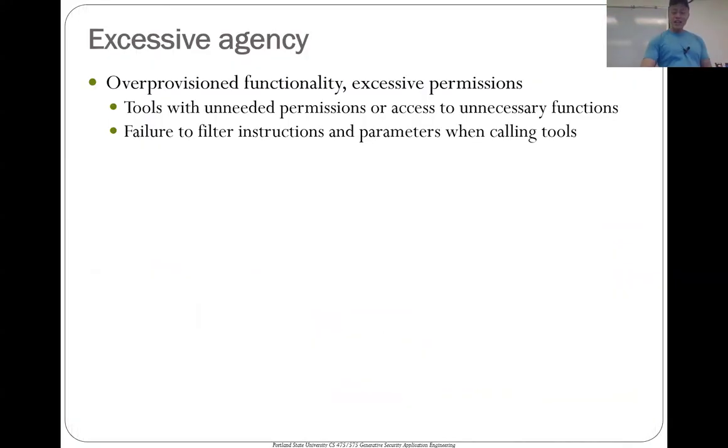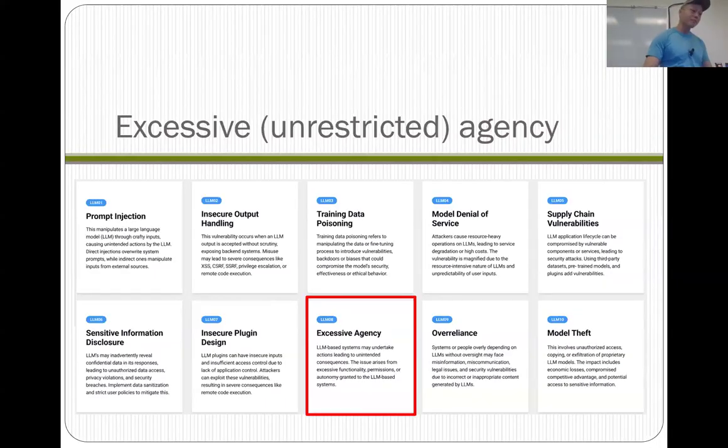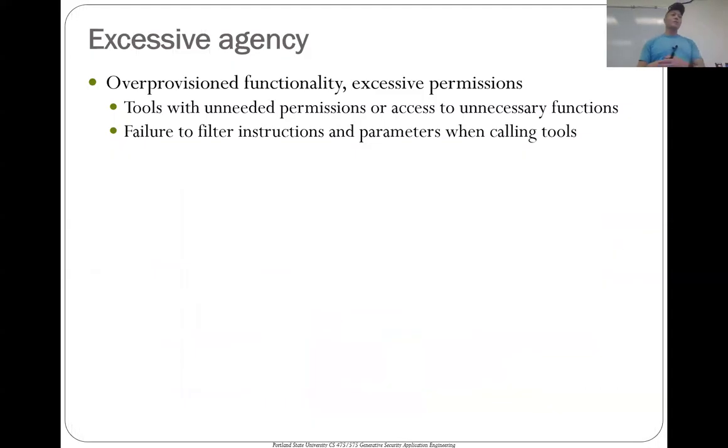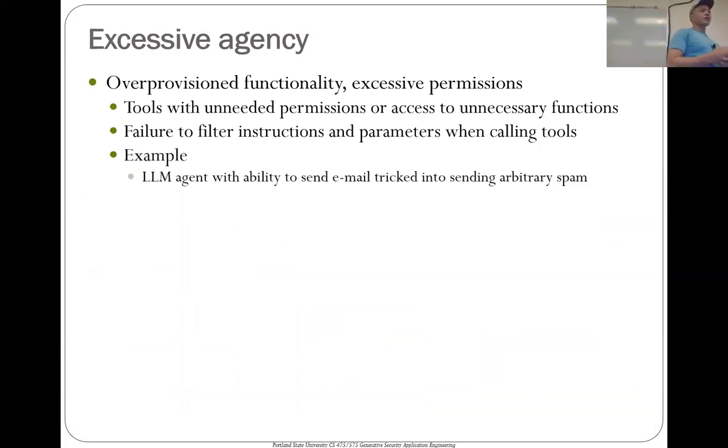Okay. The next one is excessive agency. Basically, you have LLMs that have been given tools that are way too powerful. So your Python REPL and your terminal tool, those are the poster children. You should not be having either of those 2 things unrestricted in your code base. So there's 2 things.